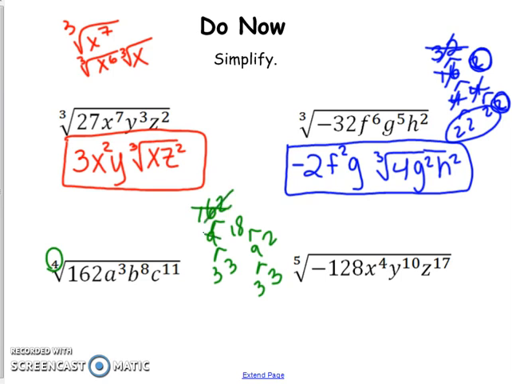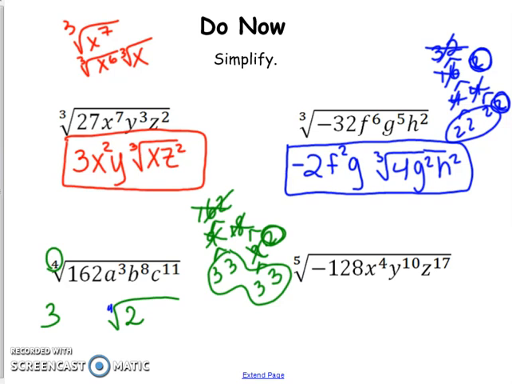So I can't use 162, I can't use 9, I can't use 18, I can't use 9. So I have 4 of the same number here. So I have a 3 on the outside. And then on the inside, that should be a 4 here. I'm going to have left over a 2. And that 2 is left over.